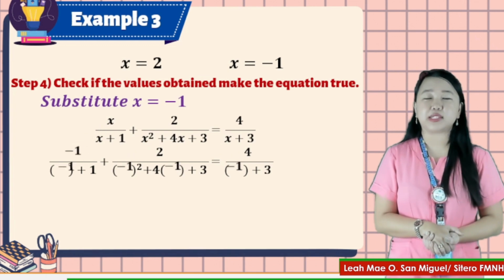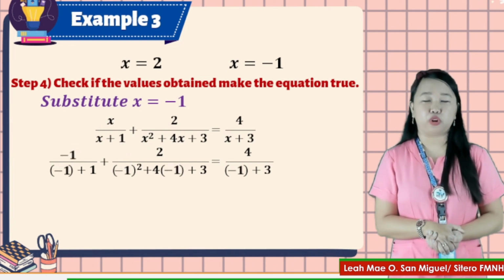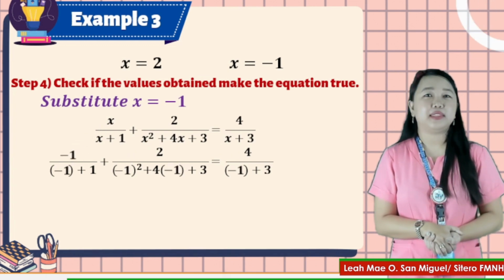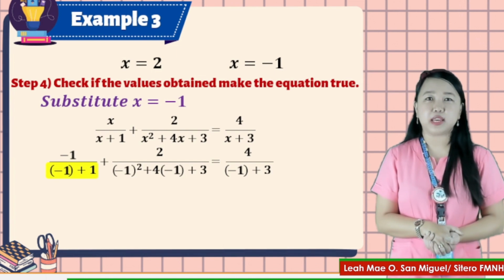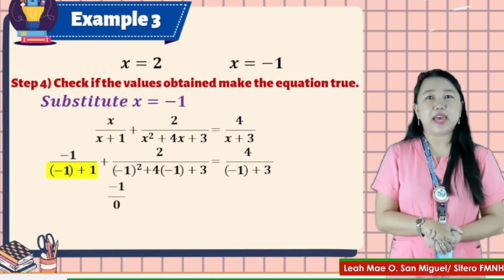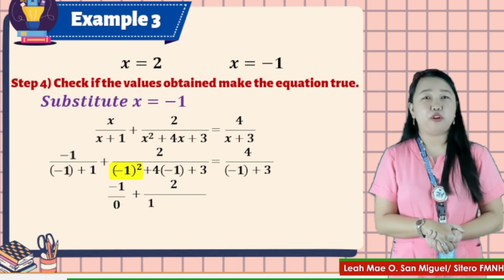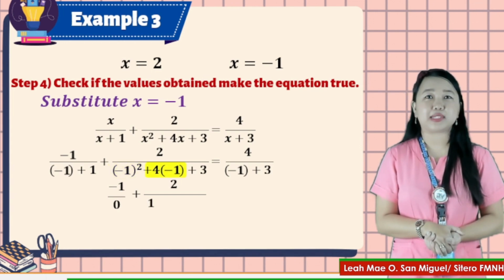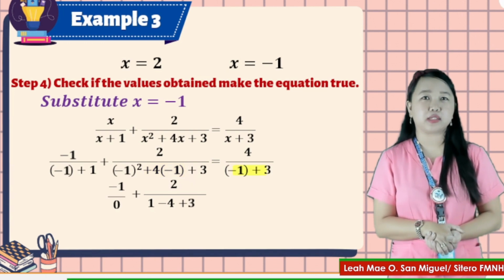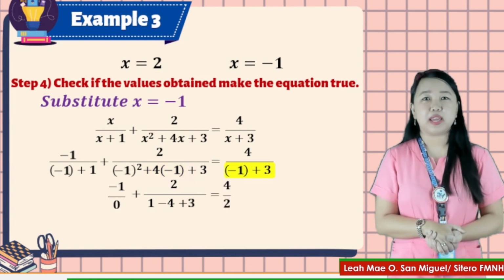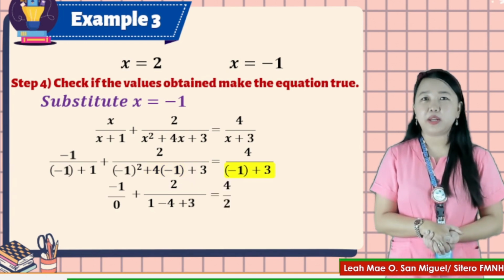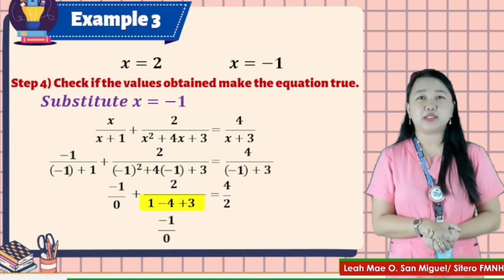Perform the operations indicated in the denominator of the equation. -1 plus 1 is 0. -1 squared is 1. 4 times -1 is -4. And -1 plus 3 is 2. Then, 1 minus 4 plus 3 is equal to 0.